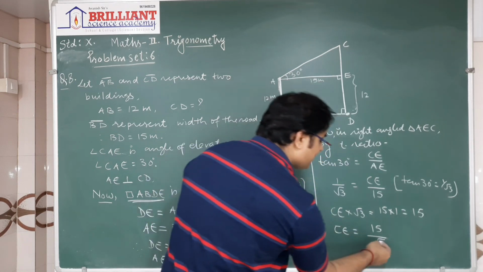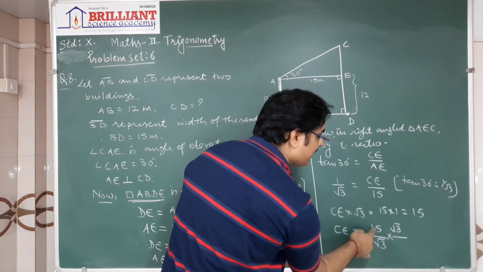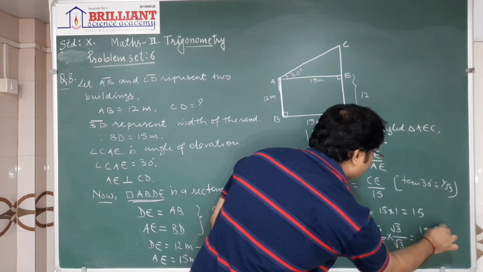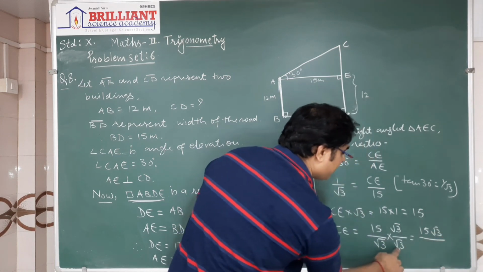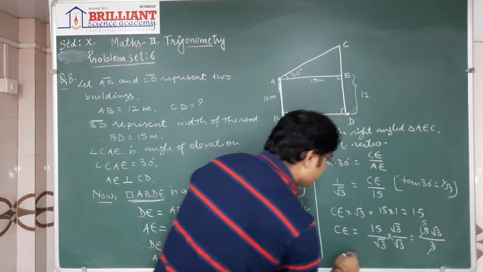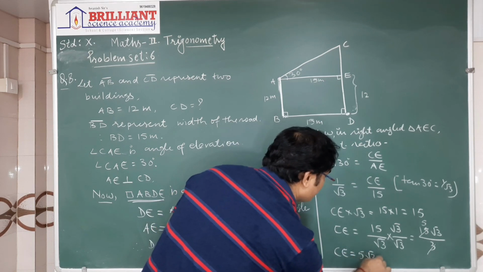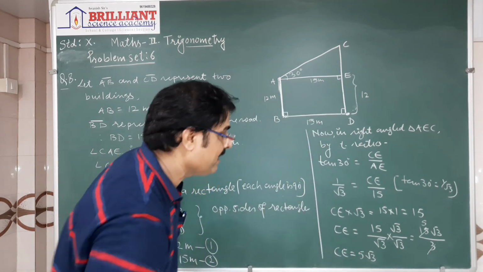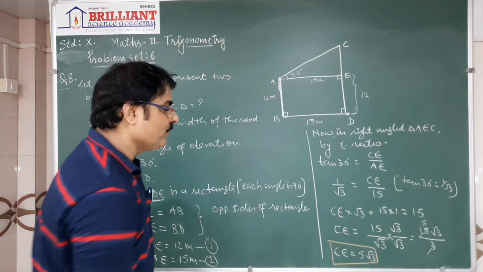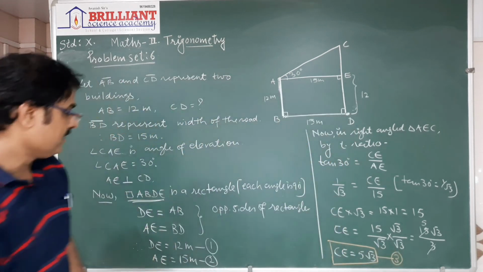Now rationalize this denominator by multiplying root 3 in numerator and denominator. Then we get 15 root 3, and root 3 into root 3 is 3. 3 fives are 15. Therefore CE is equal to 5 root 3. CE की value कितनी आ गई? 5 root 3. Let this be equation number 3.